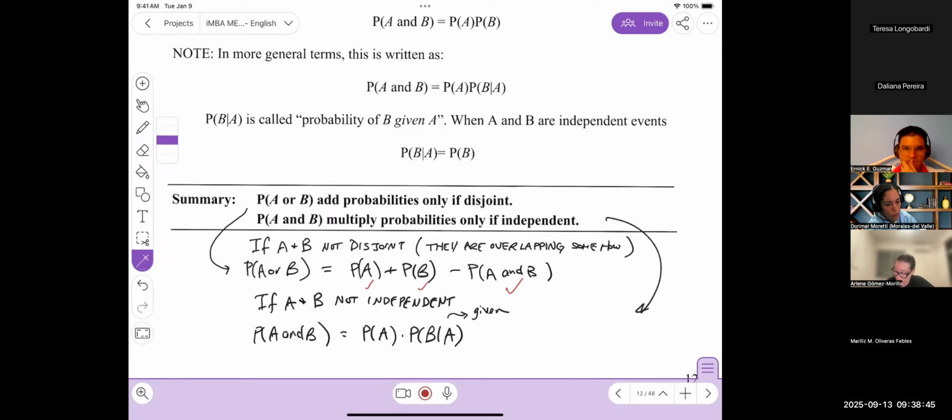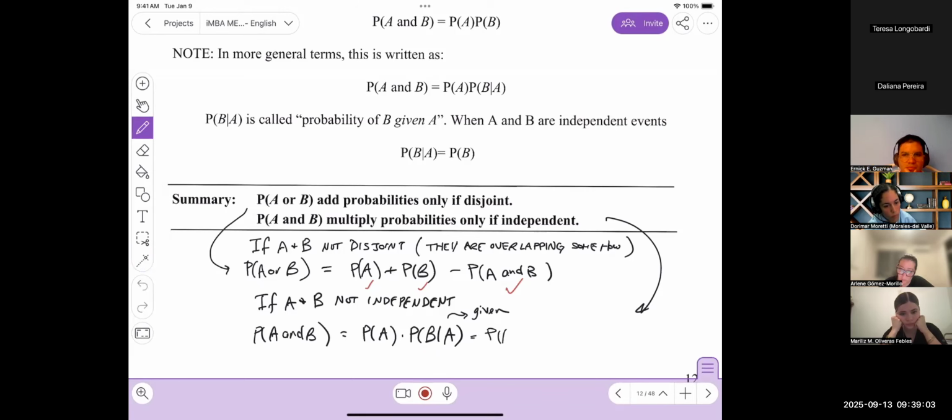I want to know the probability of A and B, and so I can calculate that as knowing A's probability, and then given that A happens, what's the chance of B? That's also the same as knowing the probability of B, and then if B happens, what's the probability of A? That's the way you calculate it.